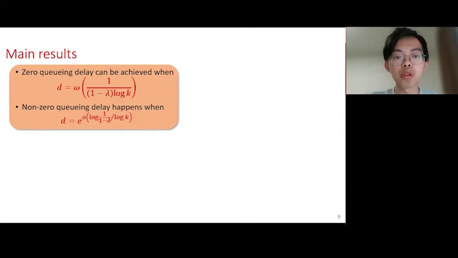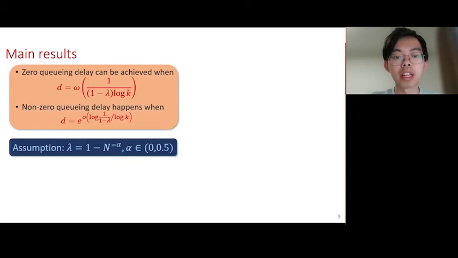In addition, we also show an impossibility result, claiming that non-zero queuing delays happen when the sample ratio D is lower bounded by 1/(1-λ) to the root of log K. Our result requires the traffic load to be in the so-called subharmonic width regime, where the traffic load λ is equal to 1 - n^(-α), with α strictly between 0 and 0.5.